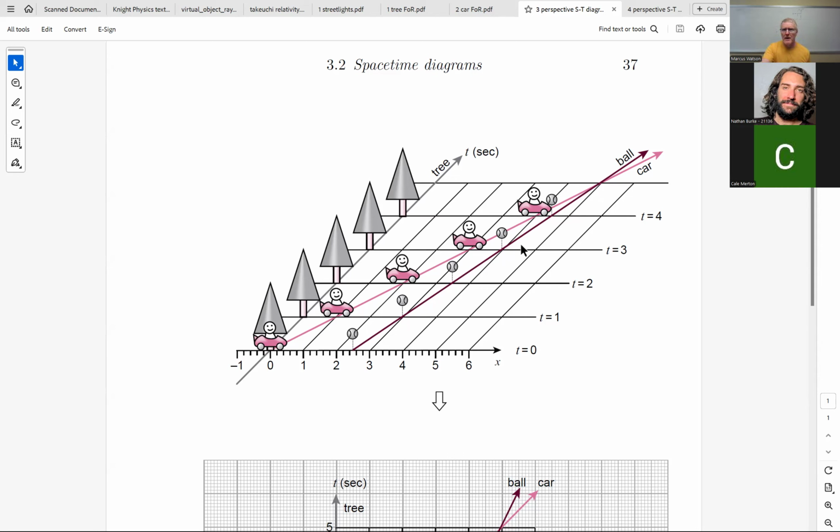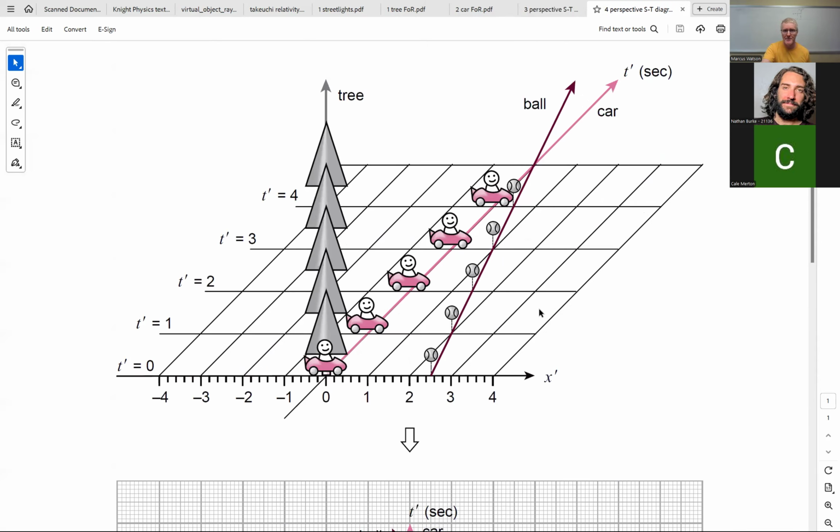I want to look at the same perspective as seen from the car frame here. Now the car, notice, is at 0, 0, 0, 0, 0. Here's the car frame. Now this is labeled the T prime frame because we know that the car was moving.